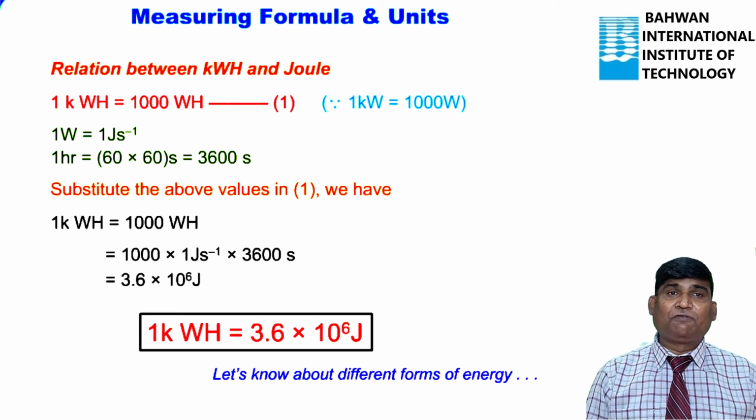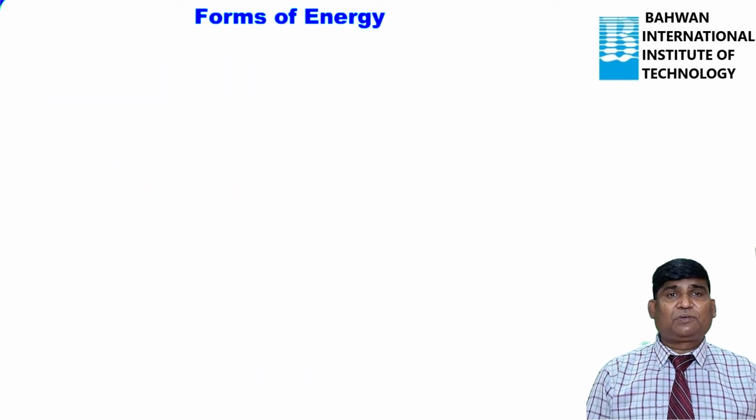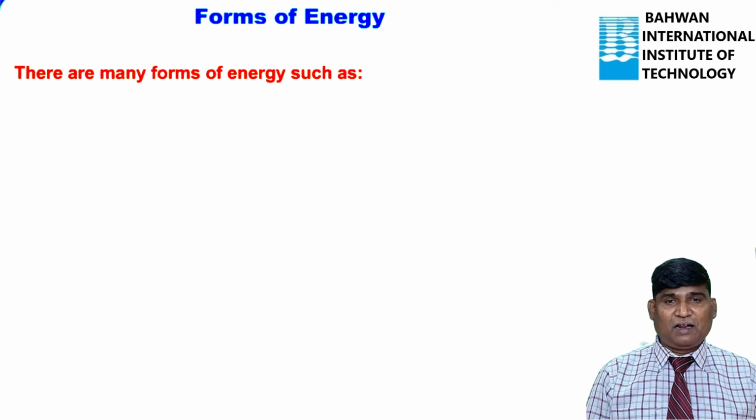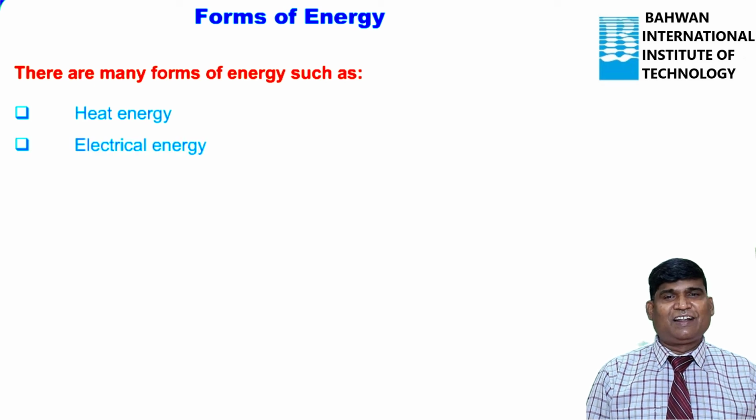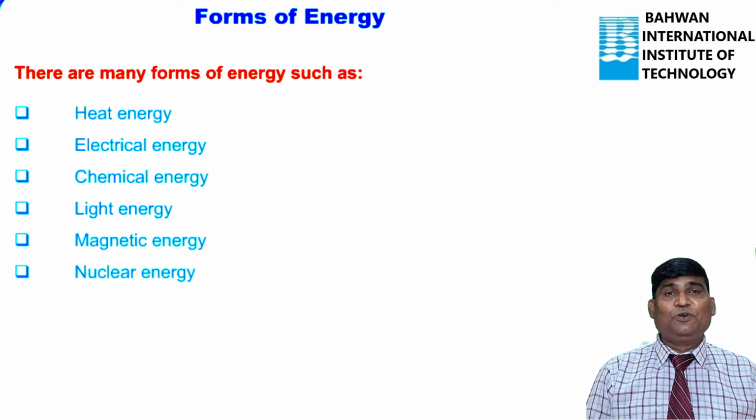Now we'll see different forms of energy, right? We know that there are so many types of energies available. What are those different forms of energies? We know heat energy is there, electrical energy is there, chemical energy is there, light energy is there, magnetic energy is there, nuclear energy is there, sound energy is there, mechanical energy.